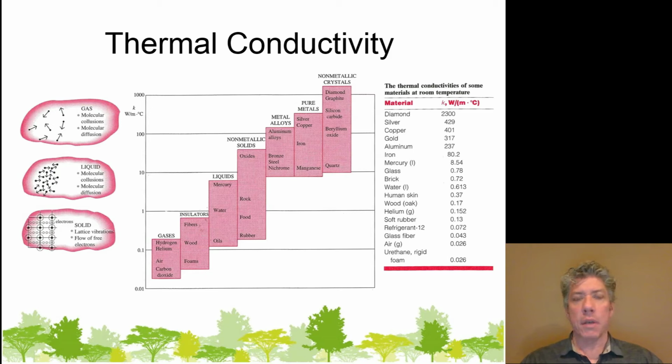But in a gas, there's hardly any connection between the various molecules or atomic species, and so they hardly ever interact, especially if we're talking about an ideal gas, and they never interact. And so it makes sense that moving heat from one area to another, or moving thermal energy from one area to another, would be difficult.